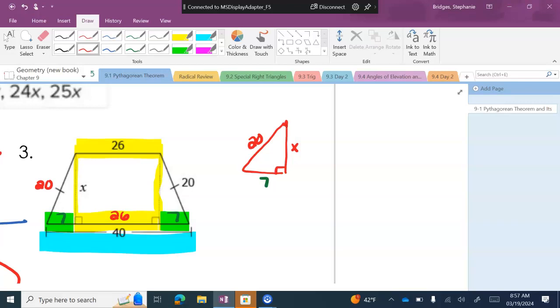squared plus that squared equals. There you go. Yep.